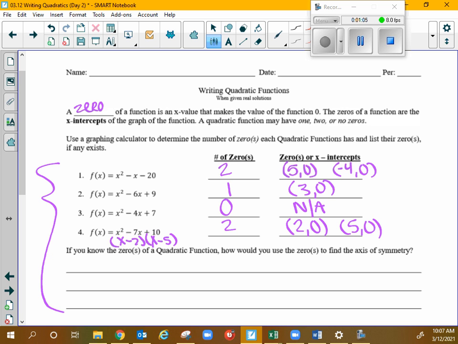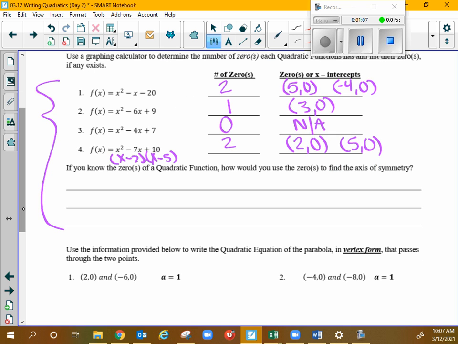Okay. So if I have zeros, how would I know how to find the axis of symmetry? In the middle of the two. How do you find the middle? How many jumps between each one? Ryan, what did you say? Average them.